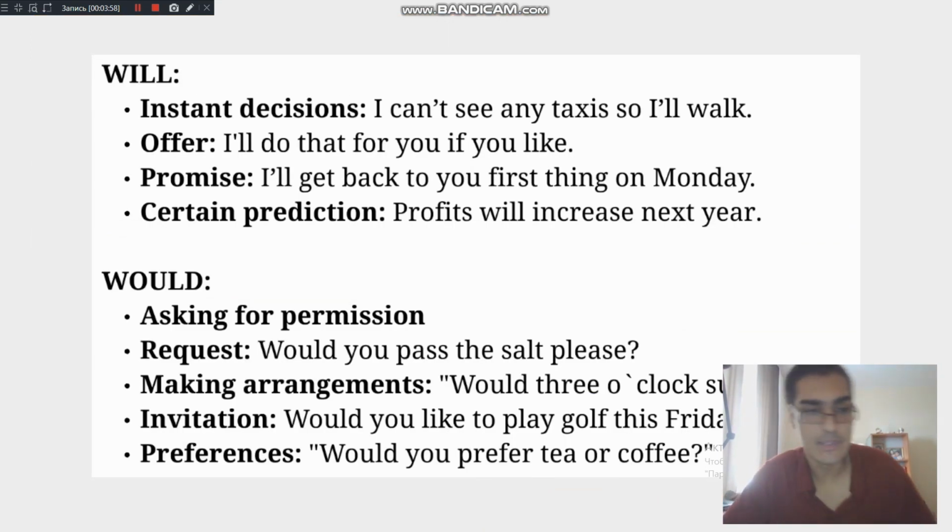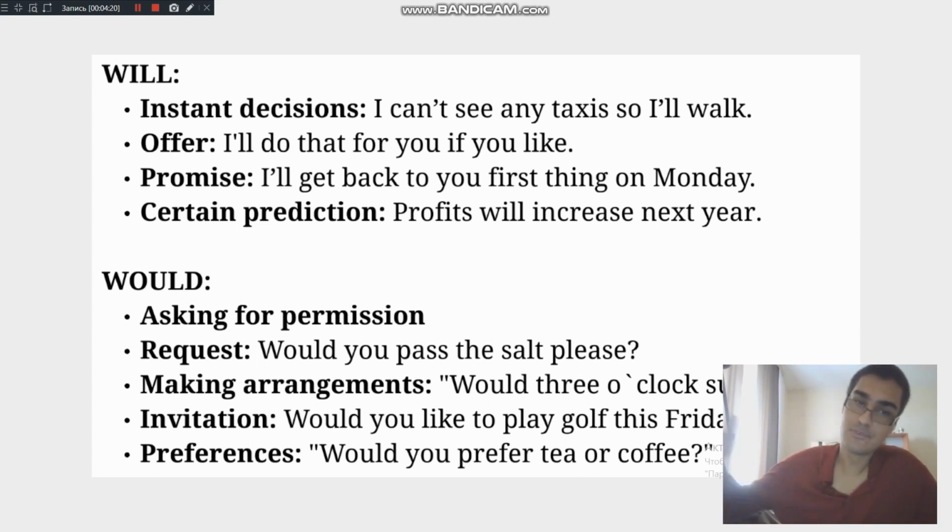There's also will and would, and they describe instant decisions, offers, promises, certain predictions, and just something when you talk about the future. Remember when we were talking about may and might? If might is a small percentage, may is like 50-50, will is 100%.